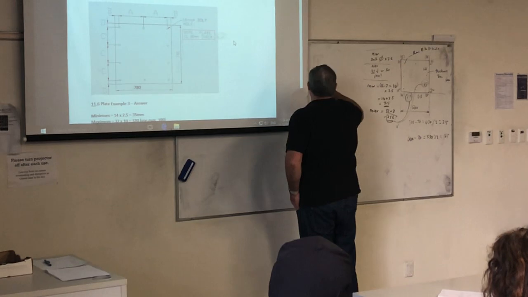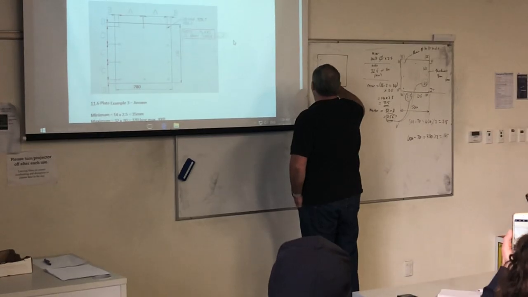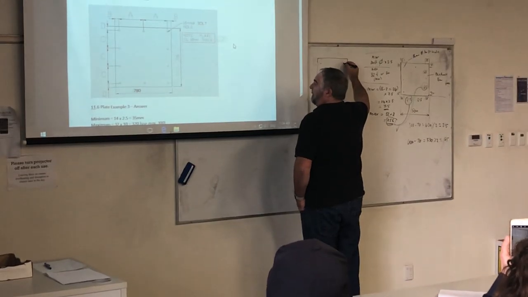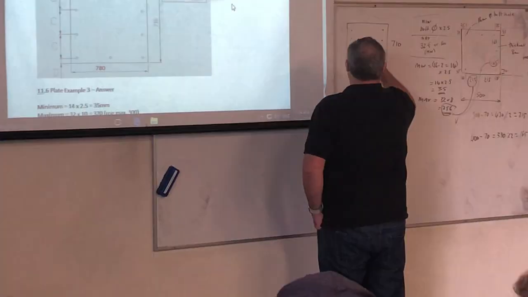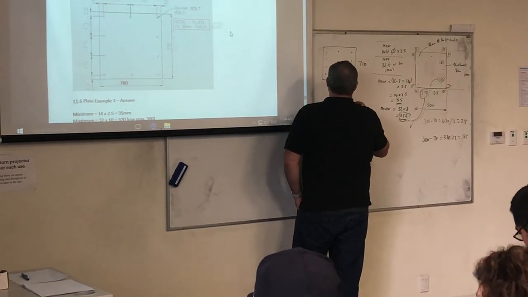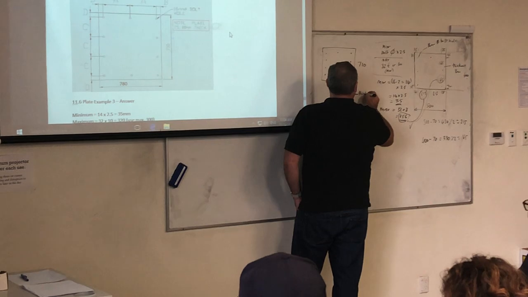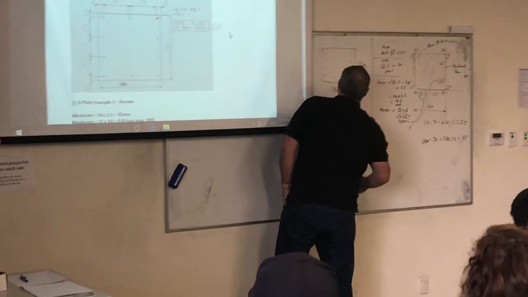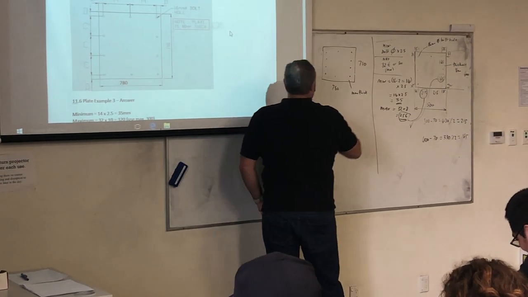So we have 1, 2, 3, 4. 1, 2, 3, 4. 710. 780. 10 millimetre thick plate. So it is 10 millimetres thick. And the bolt hole is 16 millimetre bolt hole.